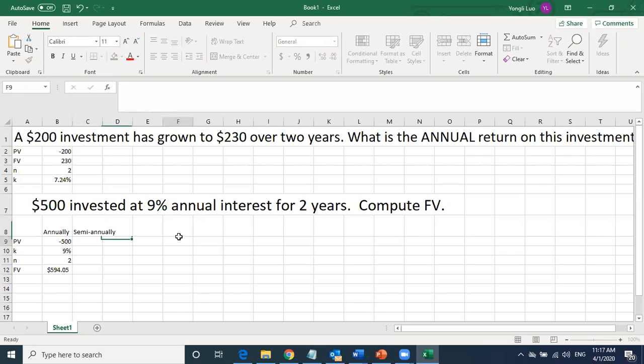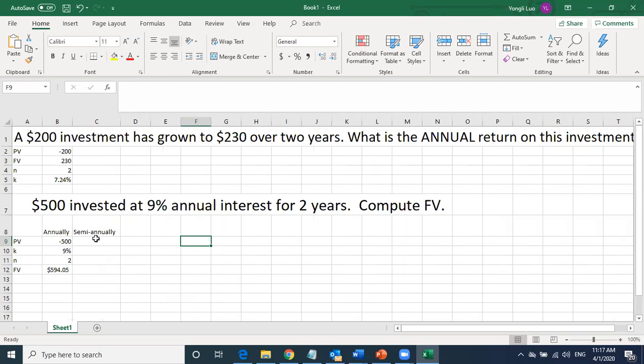If you compound the interest rate 2 times a year, the present value is still the same. However, this is the annual rate, 9%, and the 9% will be divided by 2, because every 6 months the rate will change to this one divided by 2.